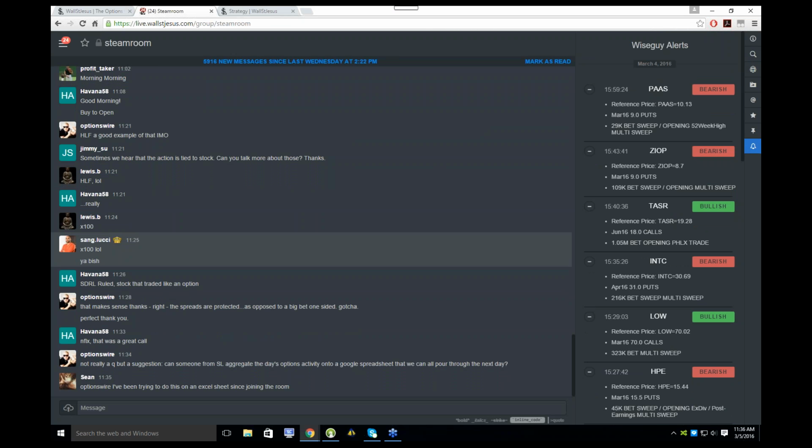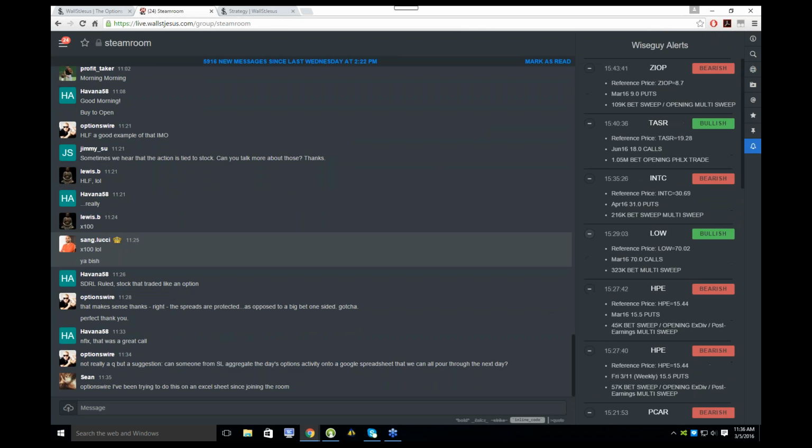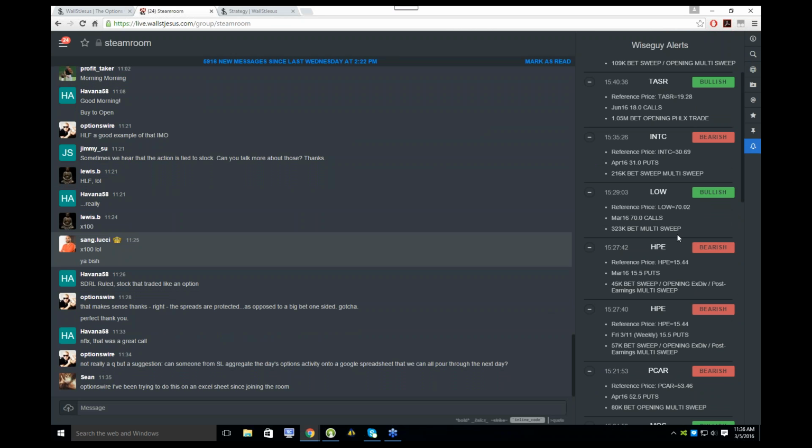All right, so let's take one more question here. Mitchell is saying, what does multi-sweep mean? So he's taking a look at some of the flow here, and he wants to know what multi-sweep means. So what does that mean, Jesus? Basically means that particular player, that order, swept multiple exchanges. I'll let Lucci get into the type of exchanges out there.